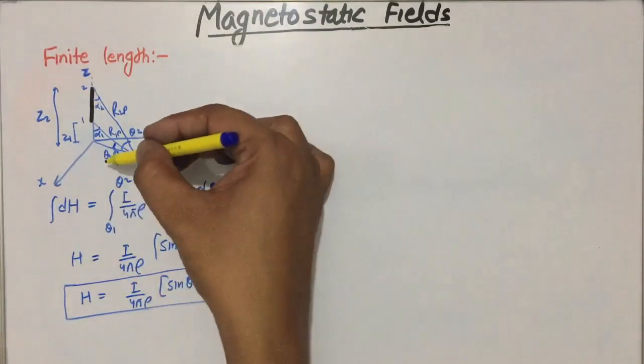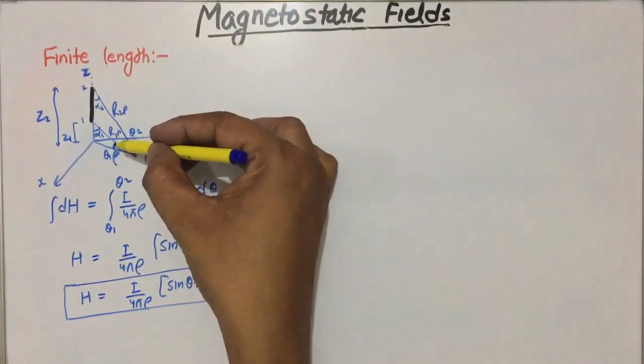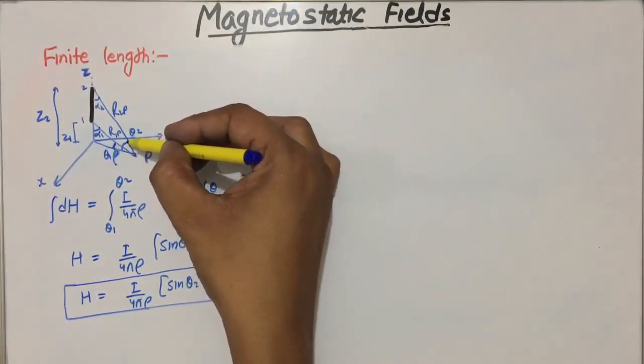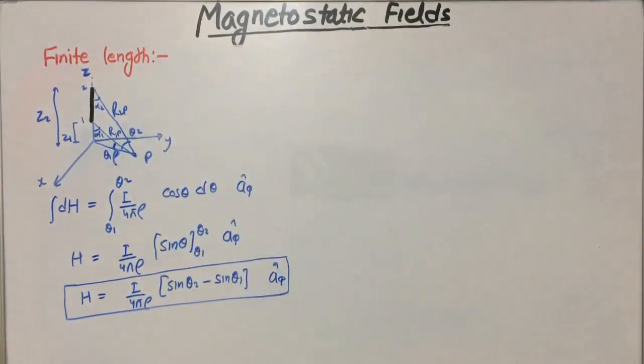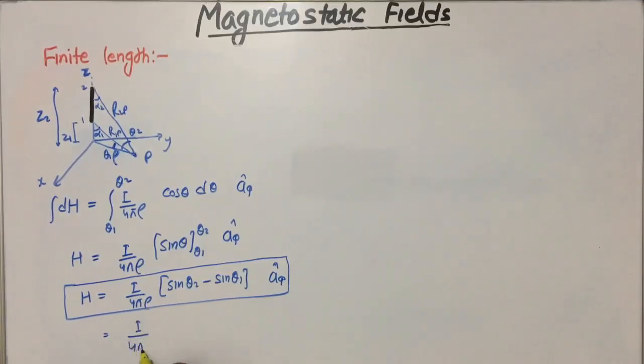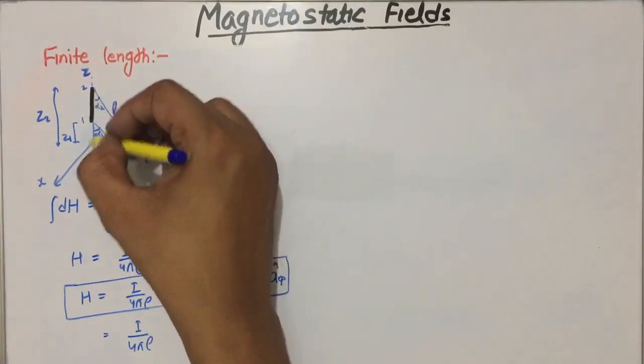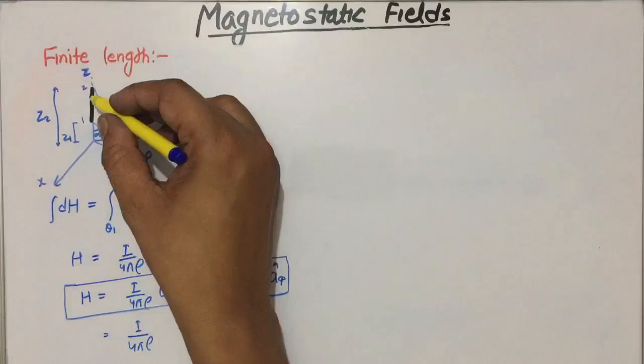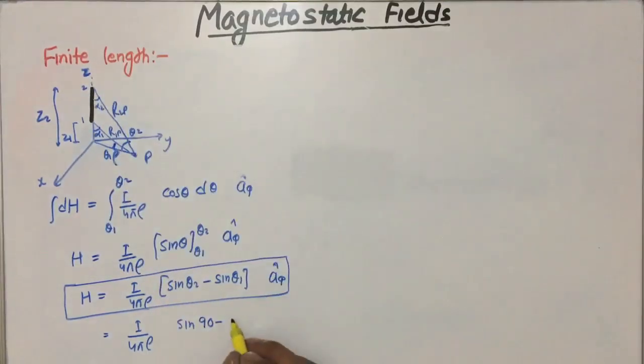Don't mix this theta 1 and alpha 1. This is theta 1 and this is theta 2. And in terms of alpha 1 and alpha 2, we can write this as I by 4 pi rho sine, theta 2 can be written as 90 minus alpha 2.